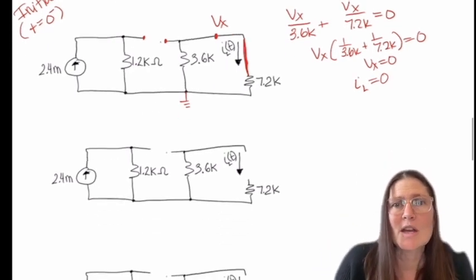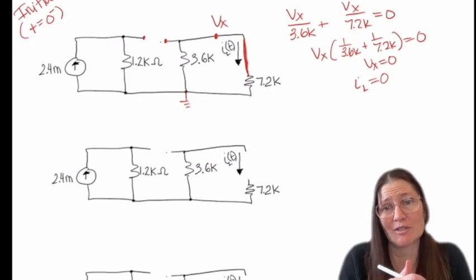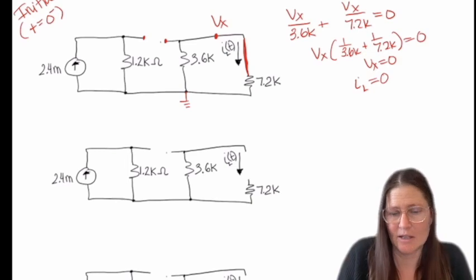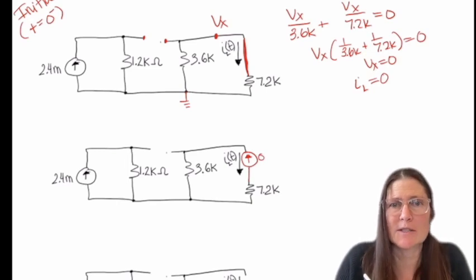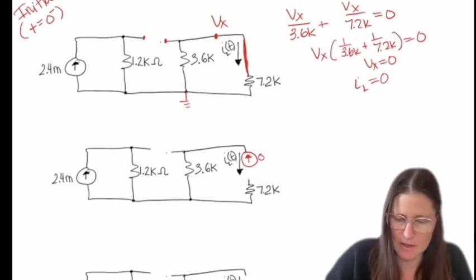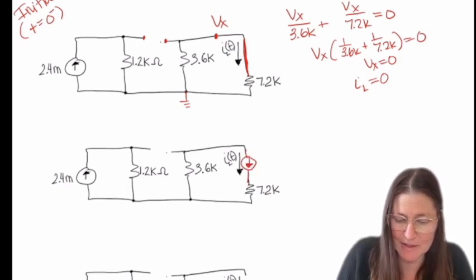If I was trying to find some other variable in the circuit, I would then redraw the circuit and replace this with the current source of whatever value I found. In this case, sorry, I drew the current going the wrong way. You draw the current going the same direction that you found it in the previous solution.